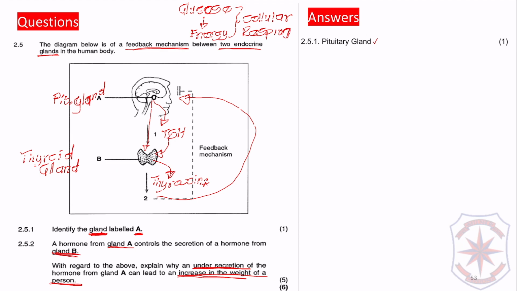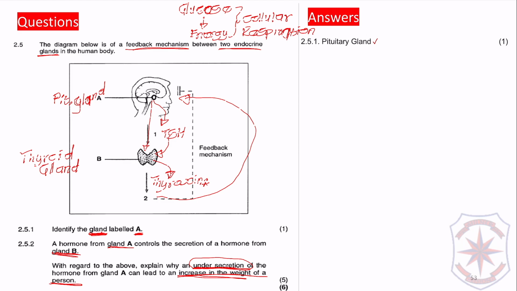Okay, so an undersecretion of thyroxin means that less glucose will be broken down by the body cells.